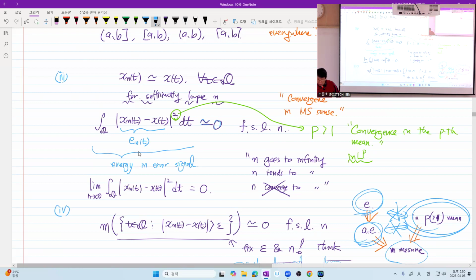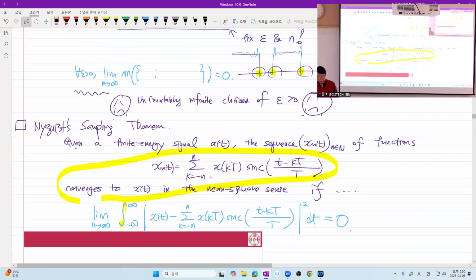But for this one with p equals 2 are in many cases, not always, very appealing to us electrical engineers. And the most well-known version of the Nyquist sampling theorem, very mathematically rigorous, is related to the convergence in the mean square sense.